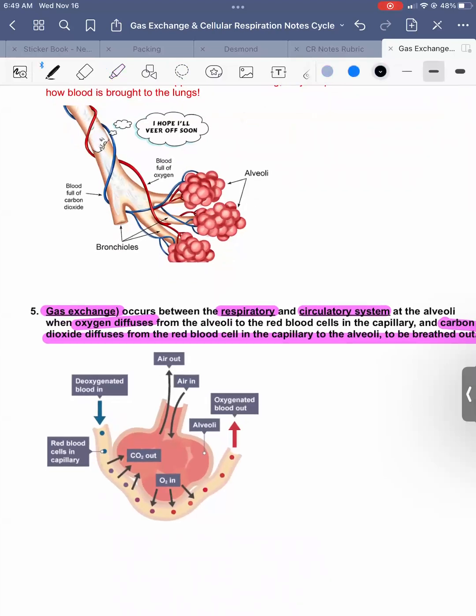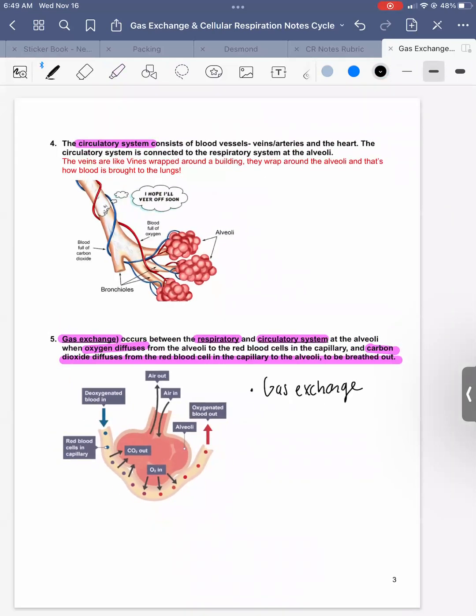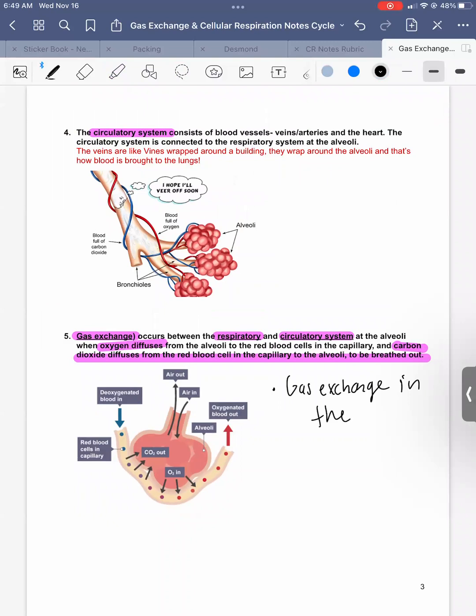So we're going to put a little bullet and write gas exchange in the lungs.